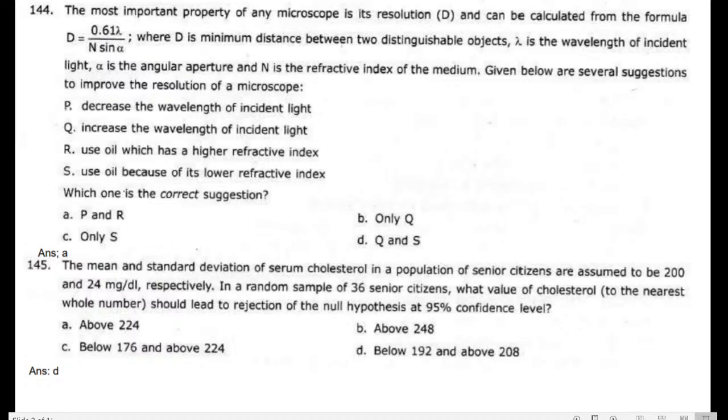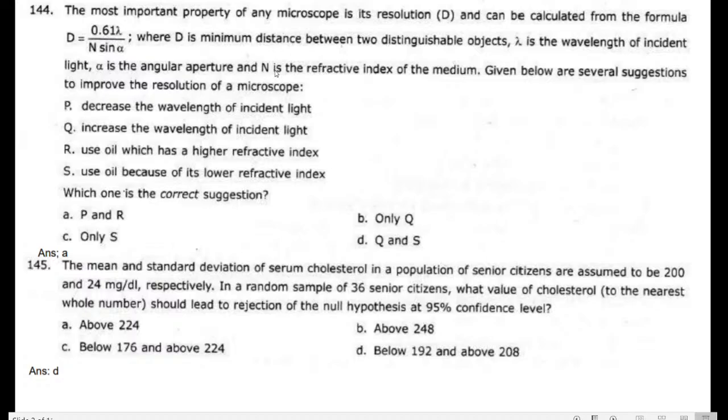Now, what is the relation between that statement and the question? Here you can see the lambda value, the wavelength of incident light, and the n value, which is the major thing.